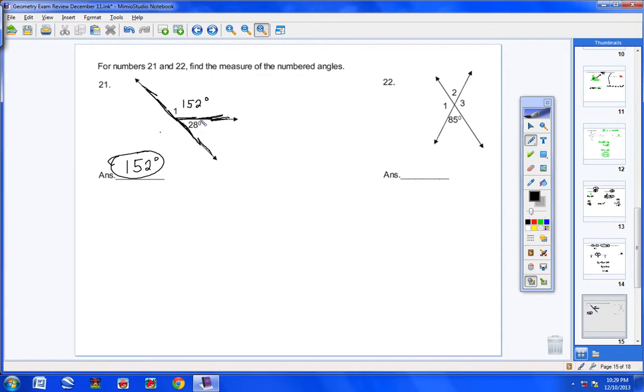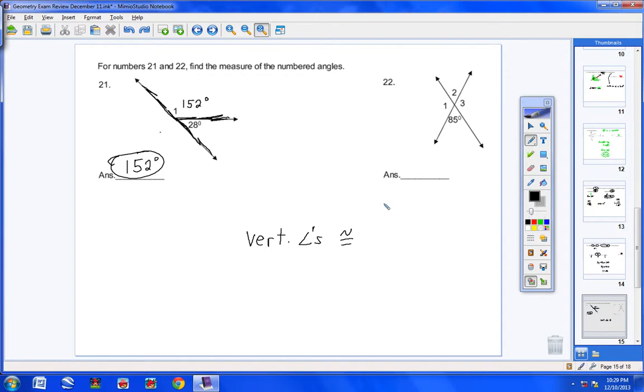Now, on this problem here, they want to first of all remind you that, are you ready? Vertical angles are congruent. Vertical angles means when two lines intersect, these two angles here across from each other will be congruent, and these two angles here across from each other will be congruent.